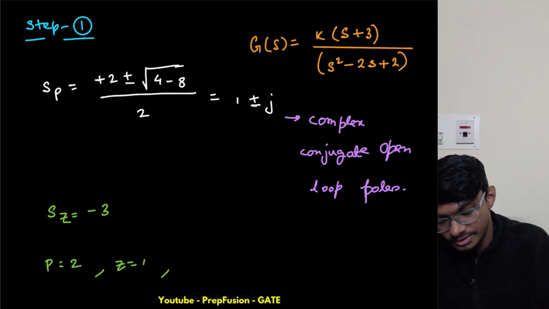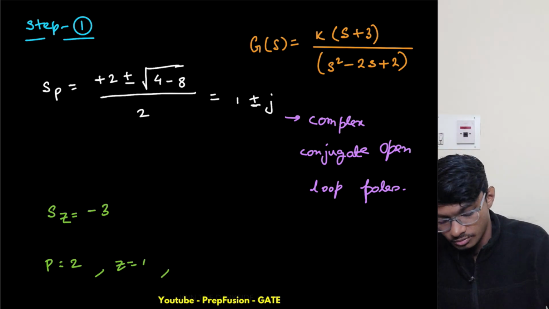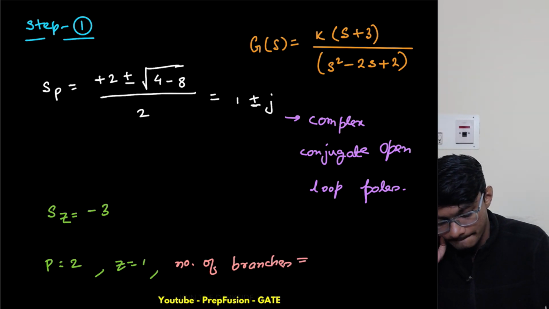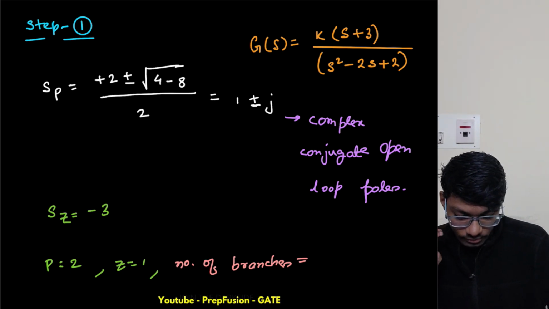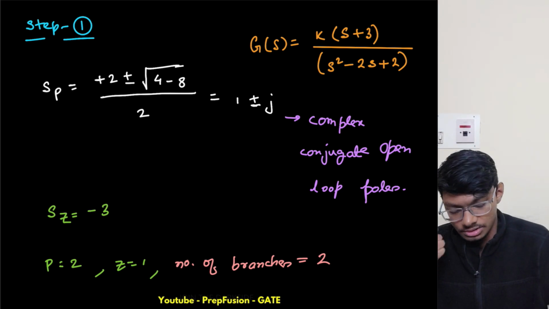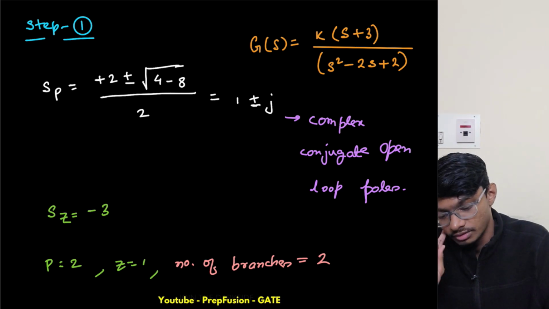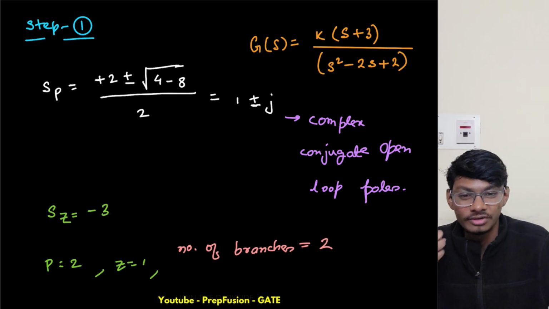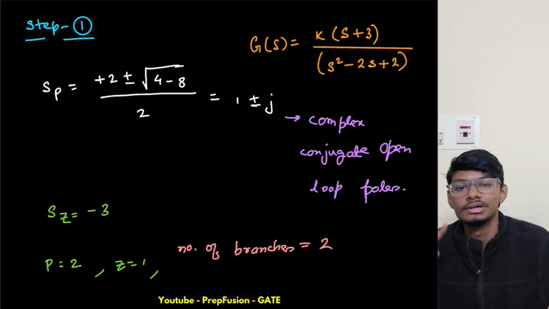So what is my number of branches? Number of branches equals 2 itself, because the number of poles decides the number of branches. But I have only 1 zero, so at k equals infinity I will have another asymptote. Whenever I have only one asymptote, it goes to the 180 degree.